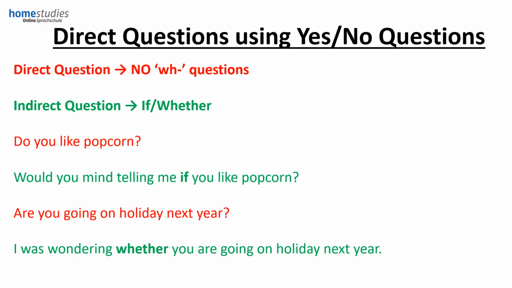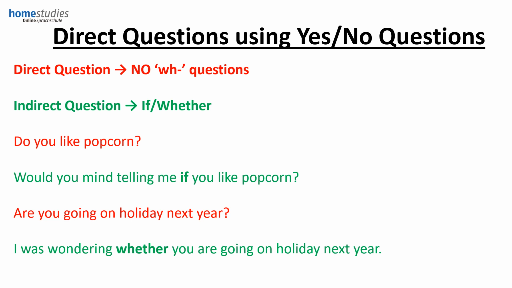So, if you have a direct question and it uses a yes or no question, therefore there is no WH question word within the direct question. When we are changing it to an indirect question, we will use if or whether. So for example, do you like popcorn?